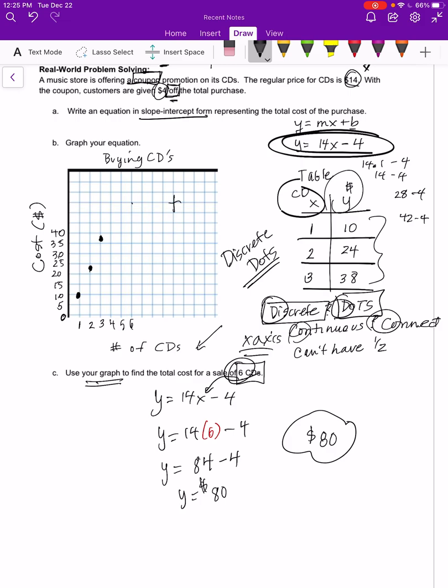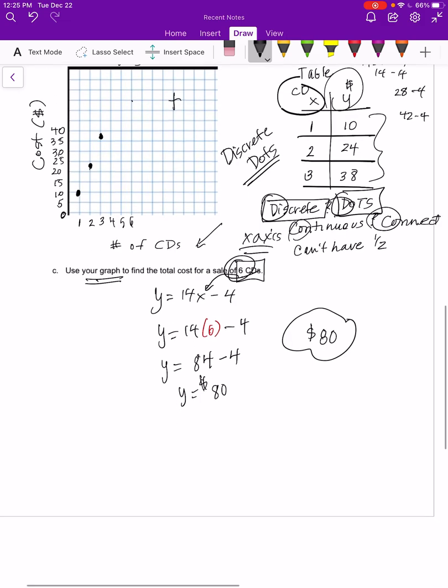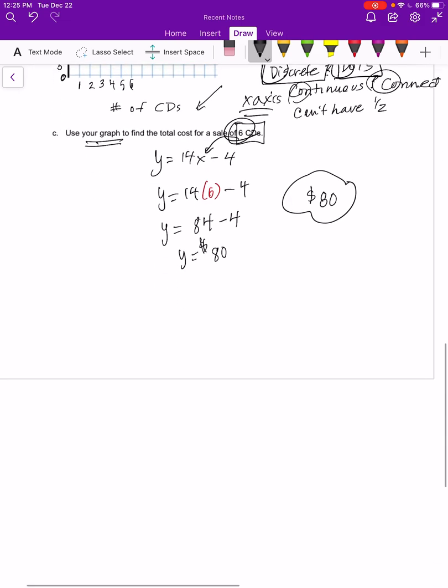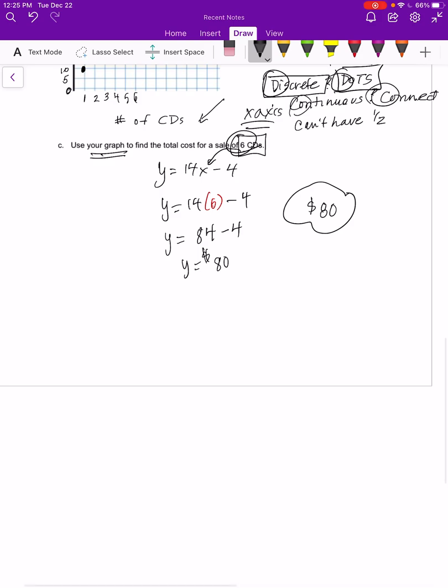All right, last but not least, there are just a couple more I want to talk about because sometimes students get stumped. What if you have y equals 3x? Well, this is in slope-intercept form, but you don't have a y-intercept. Well, you do. Your y-intercept is 0.